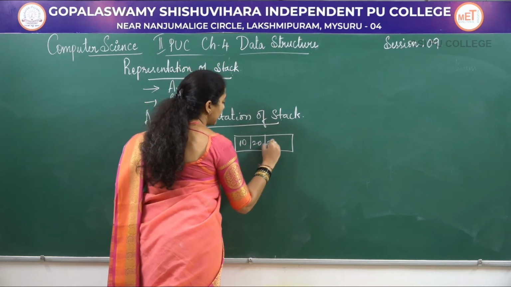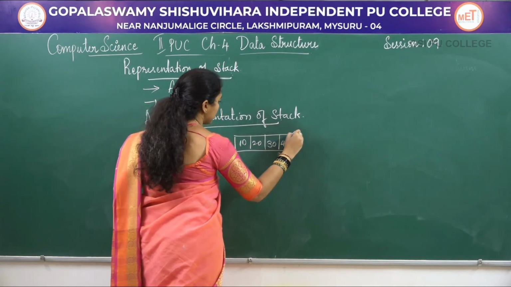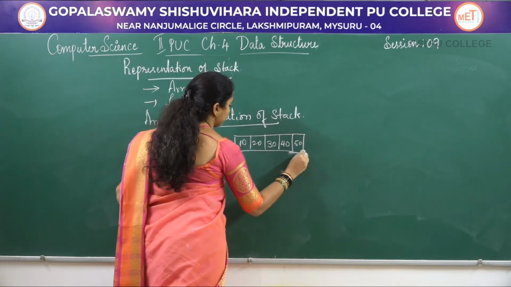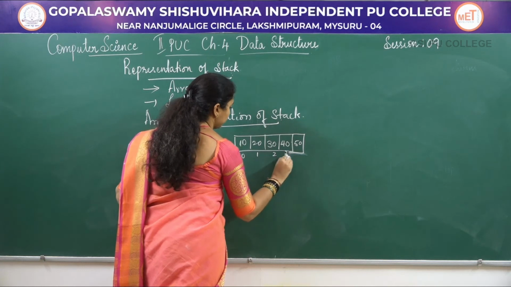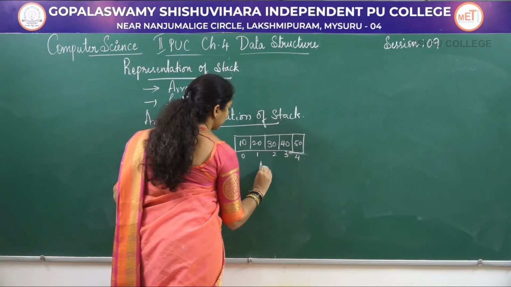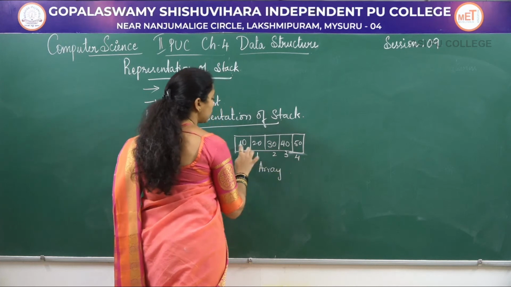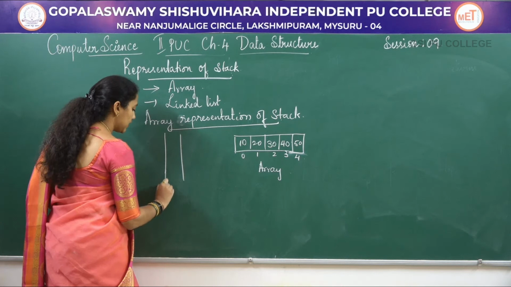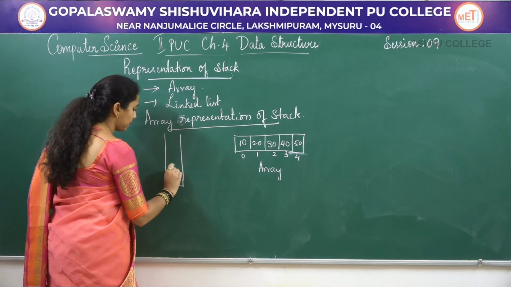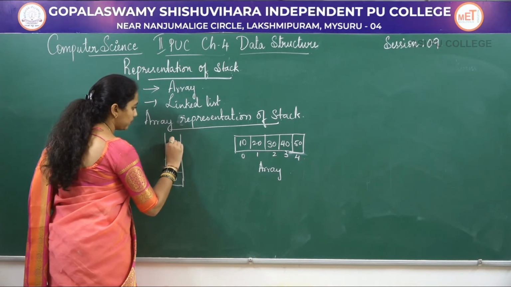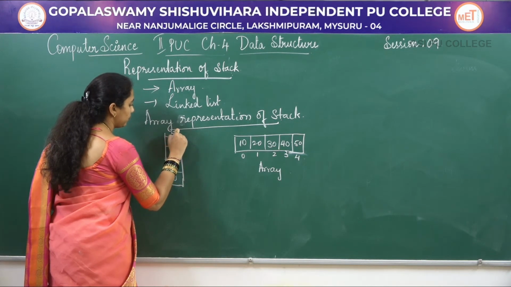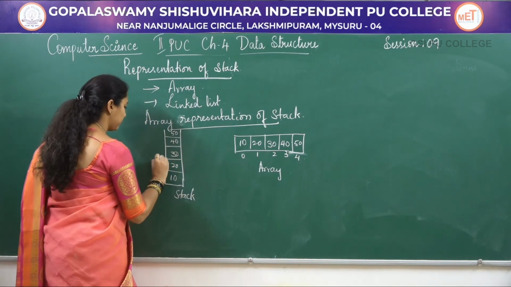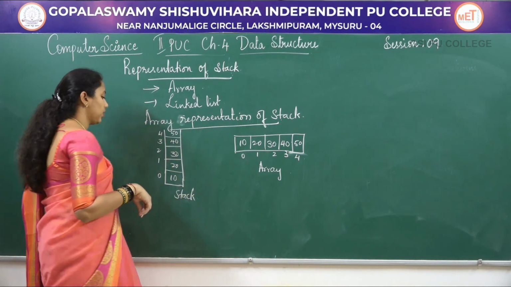this array contains elements like 10, 20, 30, 40 and 50. So the stack contains the same.